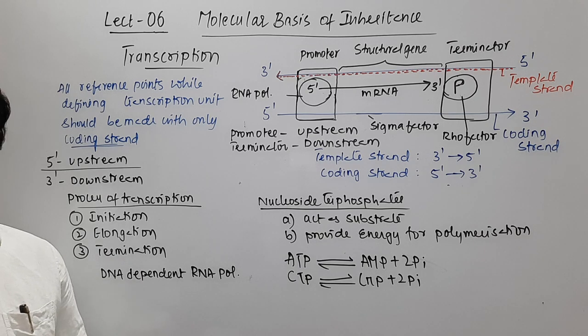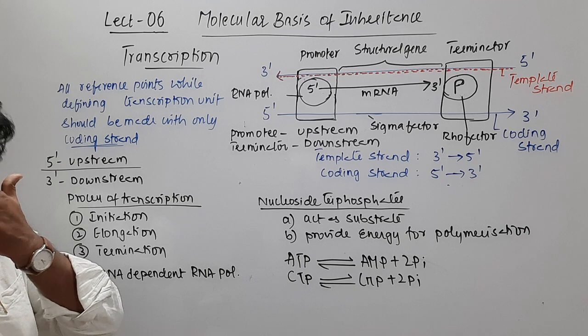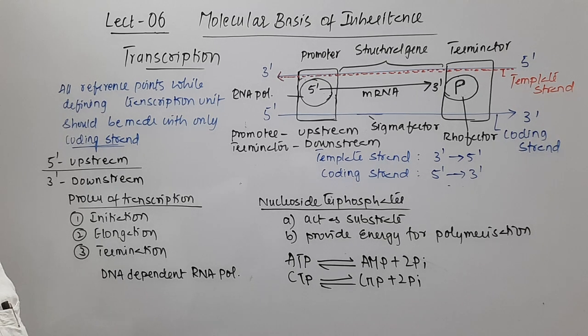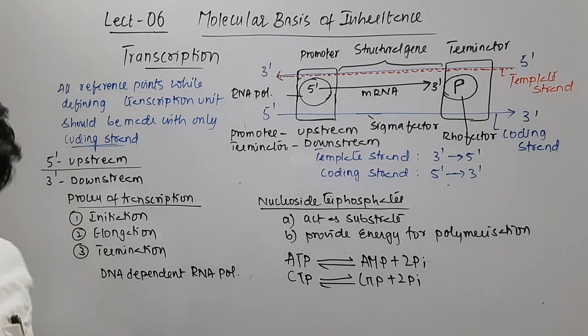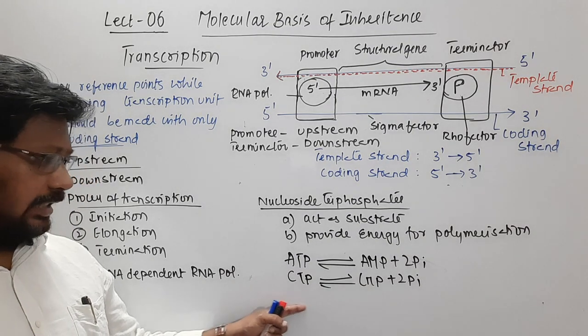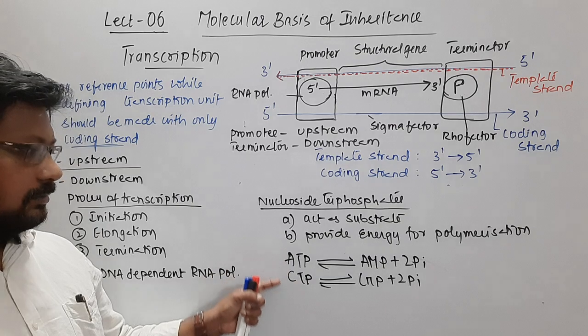So here also we will see the same nucleoside triphosphates, which will provide energy for polymerization. I hope it's clear. You can even take UTP and GTP also in this case.